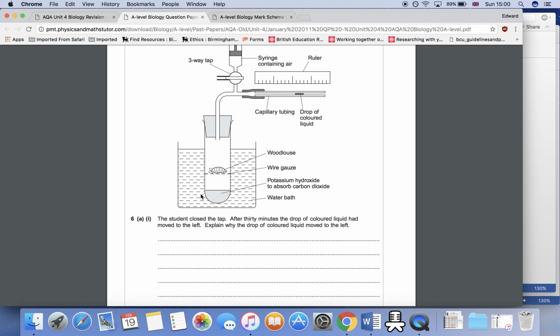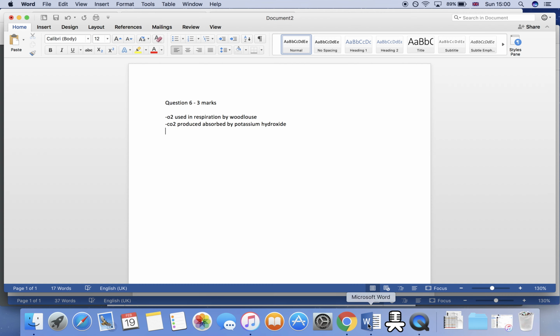Just like our example with ventilation of the lungs, we change the volume of something and we're going to change the pressure within a certain container, a certain environment. So that would be our third point: changes in pressure cause liquid to move. That took maybe a minute, minute and a half.